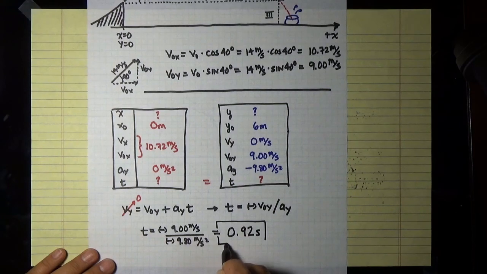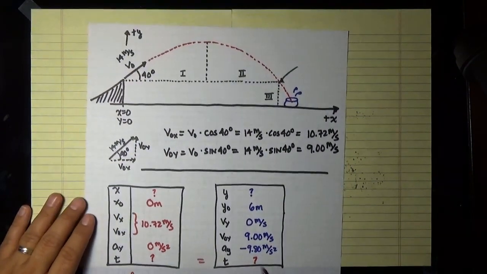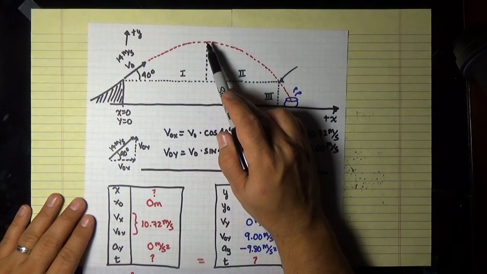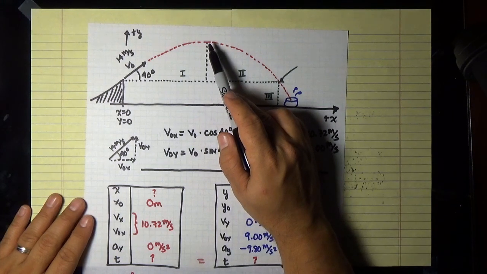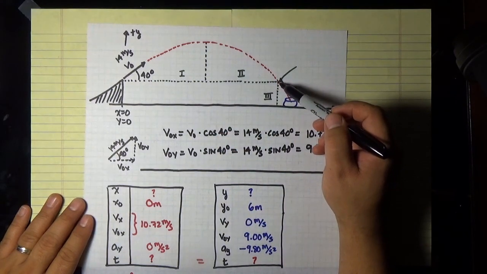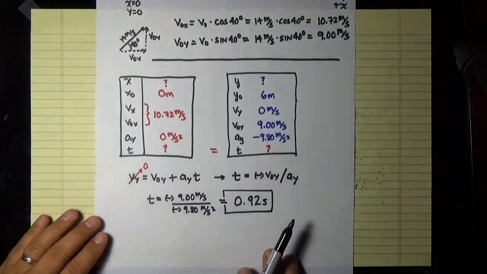So that's the amount of time it takes from the moment I leave the ramp to the time I reach the apex of the flight. Now, in particular, what that means is that it also is going to take 0.92 seconds for me to reach this point in the flight as well. So we'll come back to that.